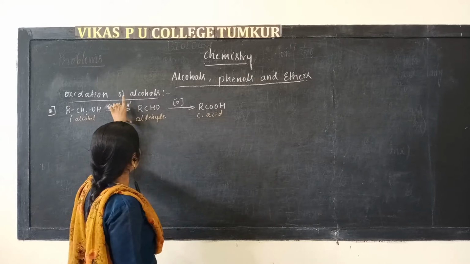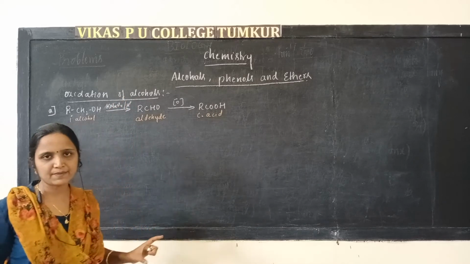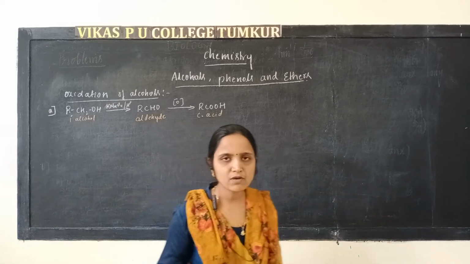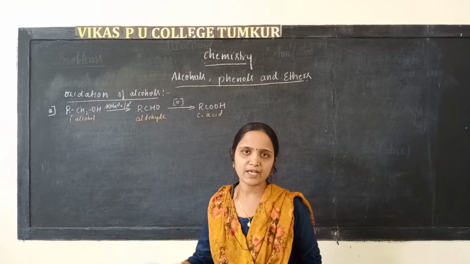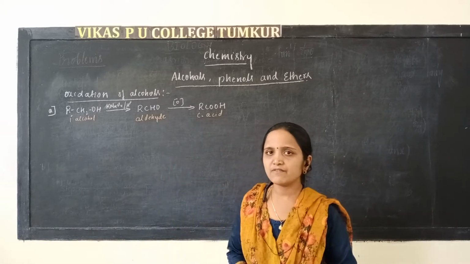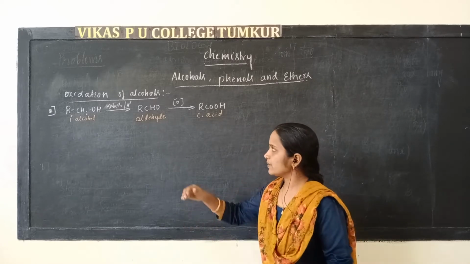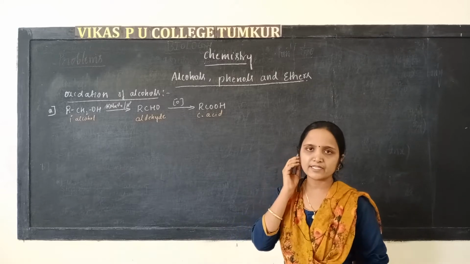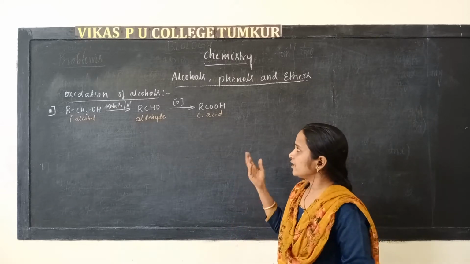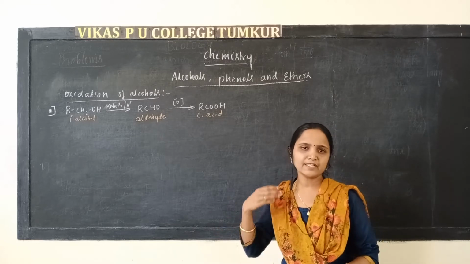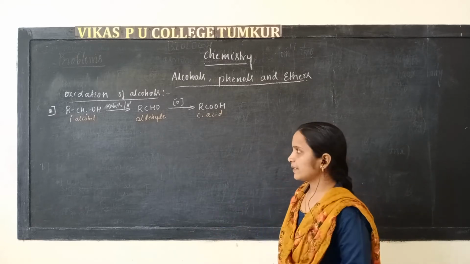This is about the oxidation of primary alcohols. The primary alcohols are oxidized in the presence of acidified potassium permanganate or acidified potassium dichromate. They give aldehydes, which on further oxidation give the carboxylic acid, containing the same number of carbon atoms.